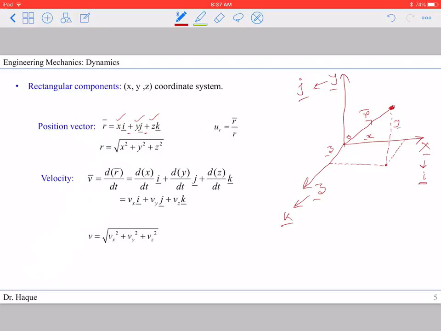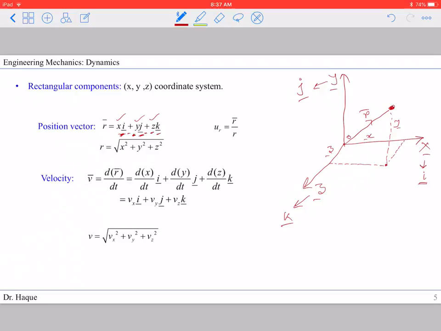This x value is the position in the x direction, which is represented by i, and this value y is the height from the origin, represented by j, meaning in the y direction, and the z value is in the k direction, on the z axis.